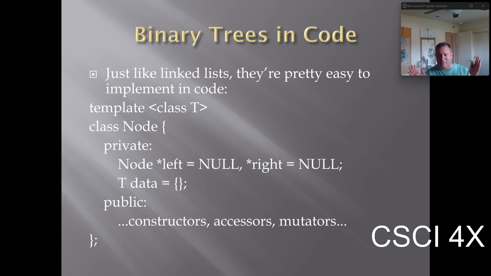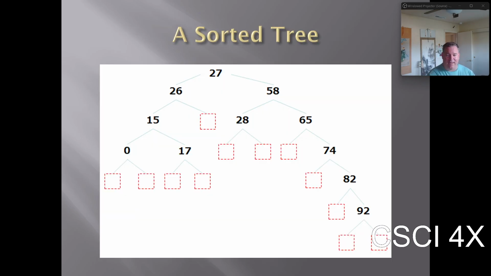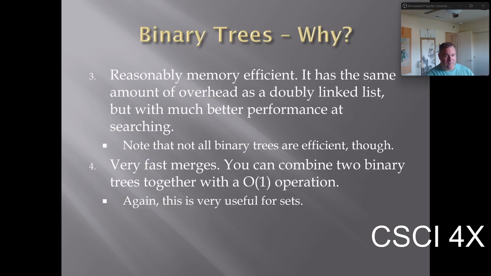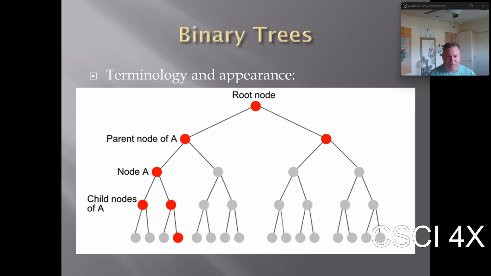You've got a previous pointer and a next pointer and a data. Hey, look, you understand what templates are now. With a binary tree, you've got a left pointer and a right pointer and a data. So it's very close to a doubly linked list, except the way that it's laid out looks like this. So let's go through some terminology.